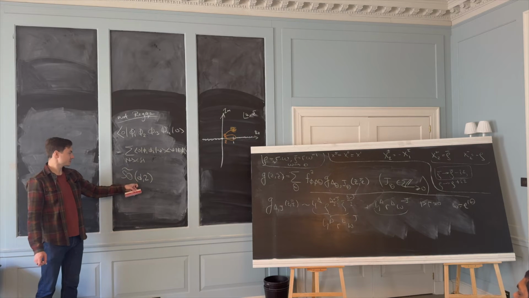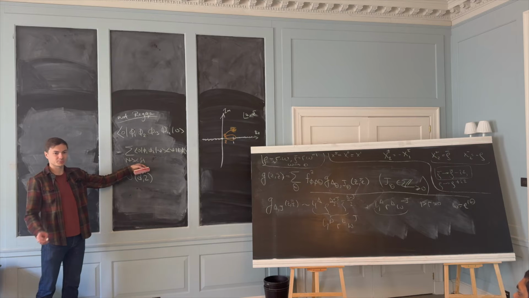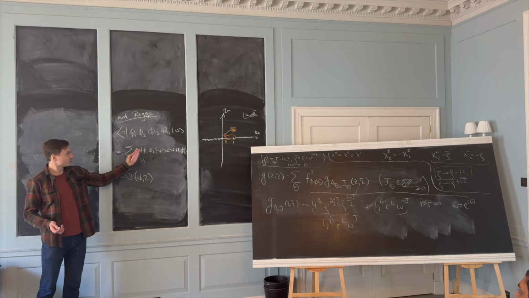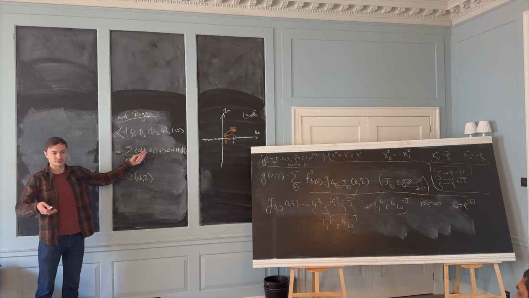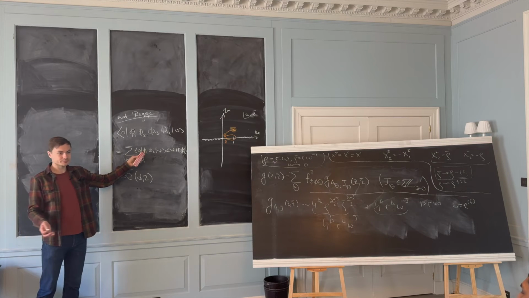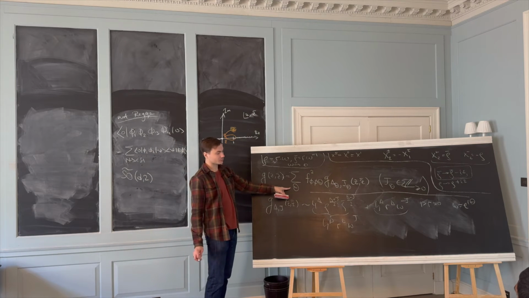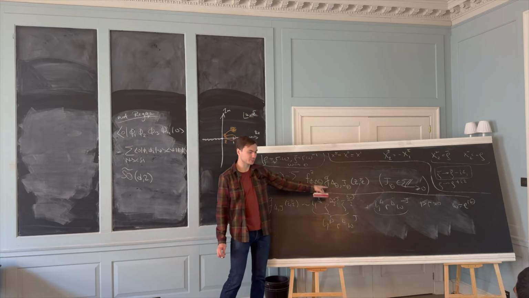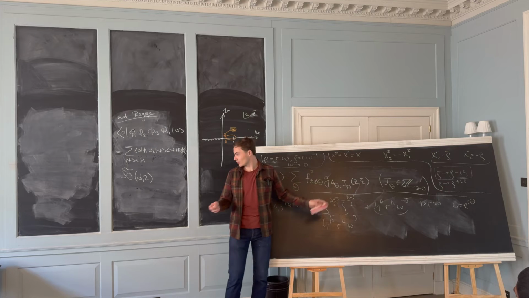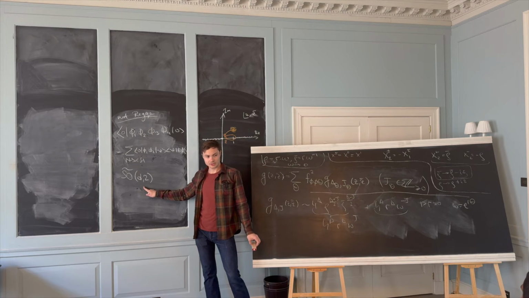So if we take this representation of this group, we decompose the Hilbert space into irreducible representations, and then arrange this sum irreducible representation by irreducible representation, then this will give you this conformal block expansion where each term corresponds to one irreducible representation of this group in your Hilbert space.